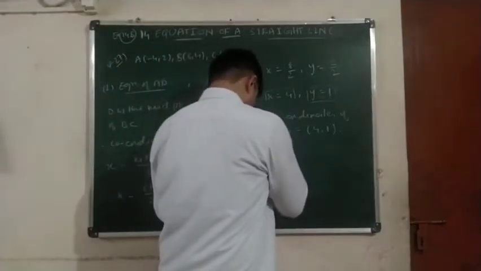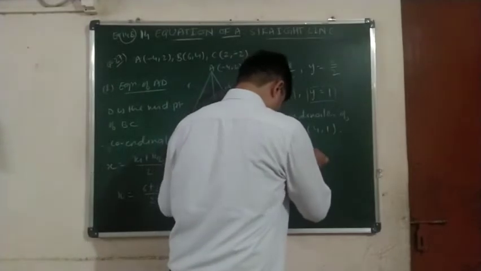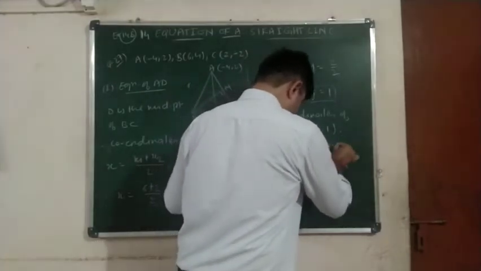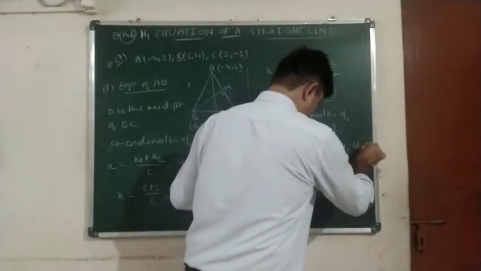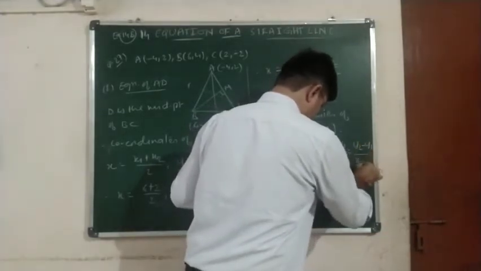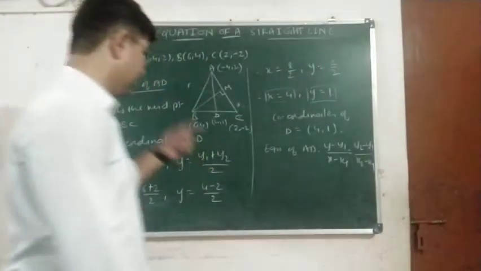So now the equation of AD will be given by y minus y1 upon x minus x1 equal to y2 minus y1 upon x2 minus x1.